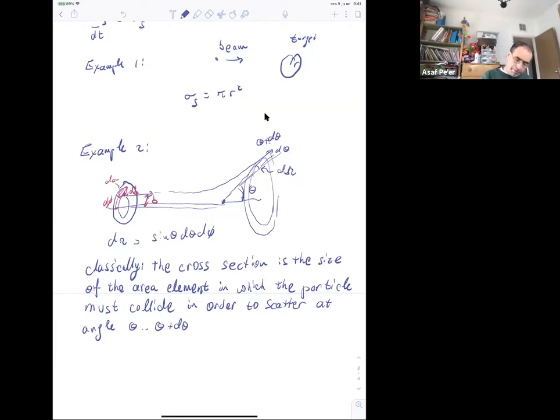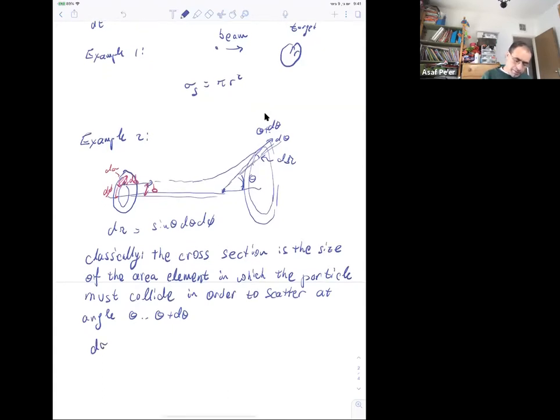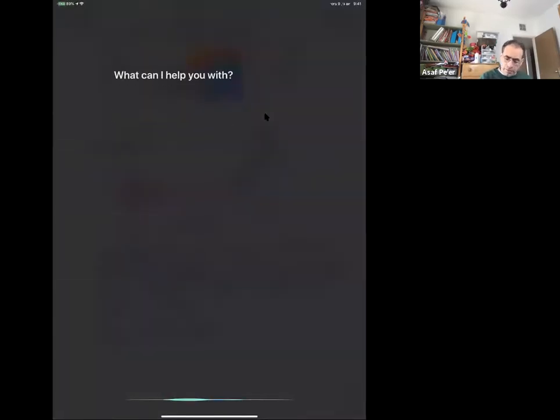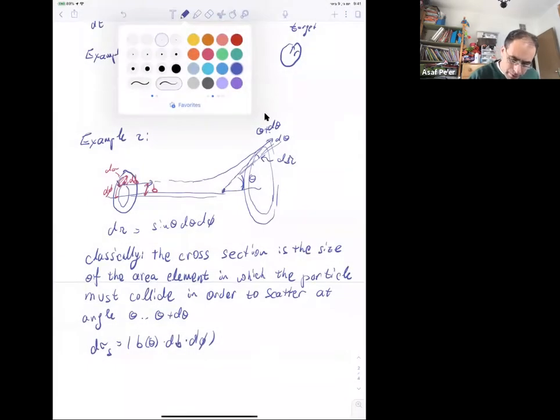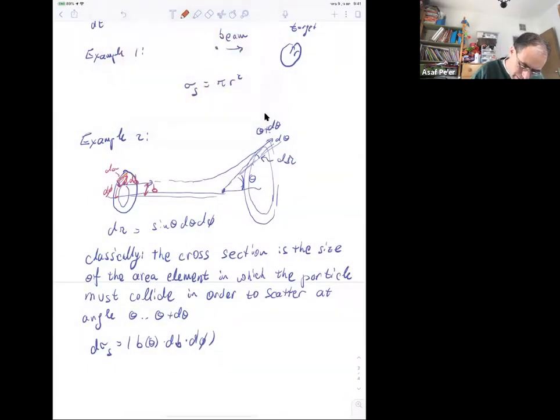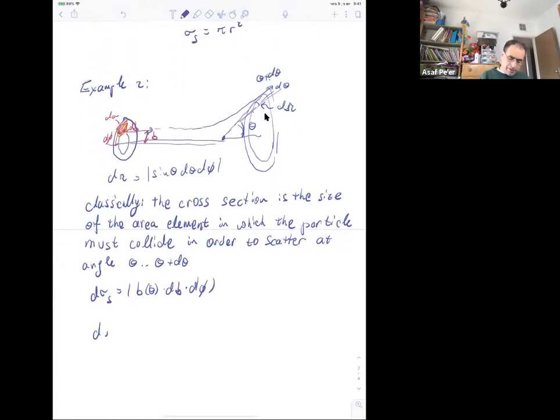So from the cartoon, d sigma scattering is just b, which can be a function of theta, times db times d phi. This is the area, the d sigma. Now, since d omega is sine theta d theta d phi, I can basically divide them and write down d sigma over d omega.